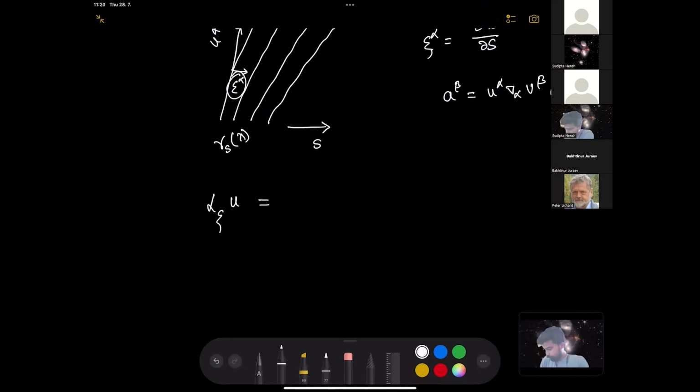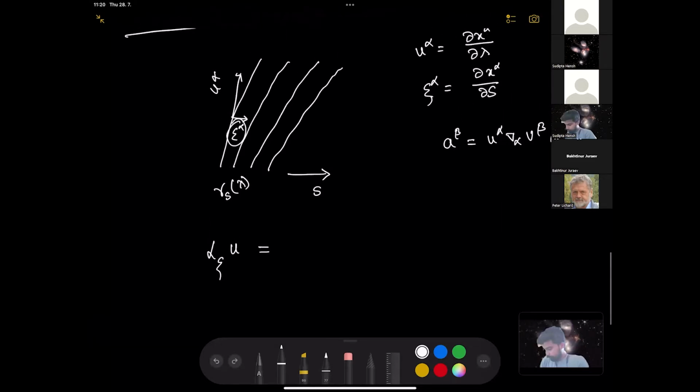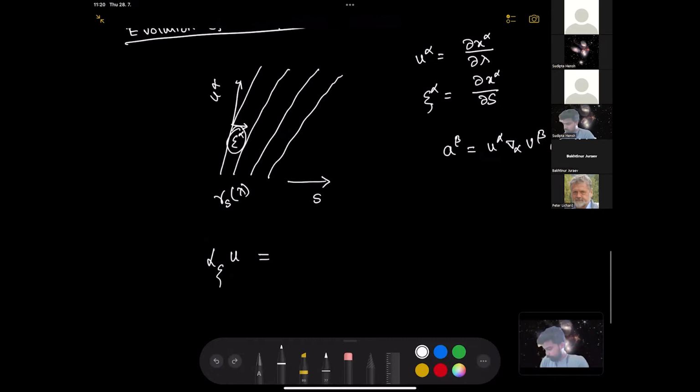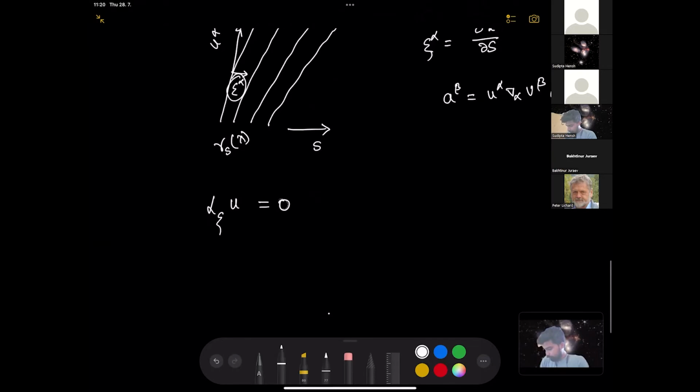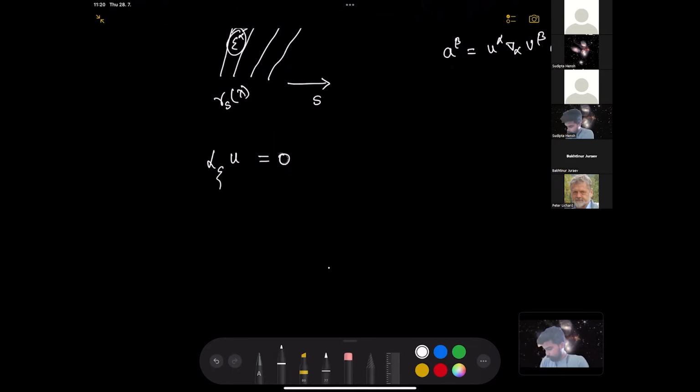We already have defined that u is the tangent vector and xi is the separation vector. And we can prove that this is 0. So let us try to prove this.